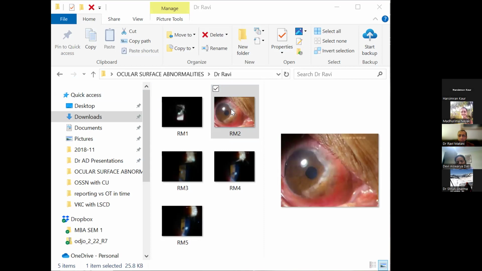It is just inferior nasal, and as you can see, it is concentric with the limbus, elevated. So I started her on topical mitomycin, QID for 1 week, and then 2 weeks off.